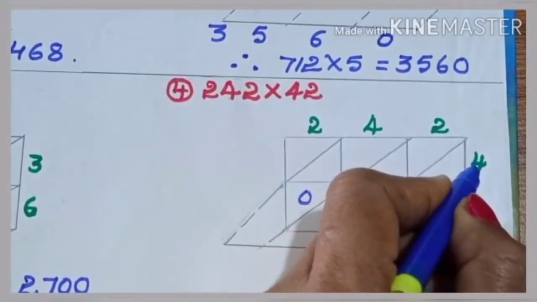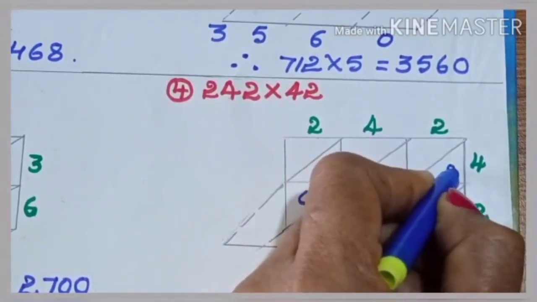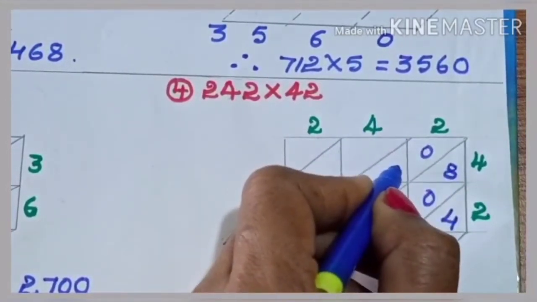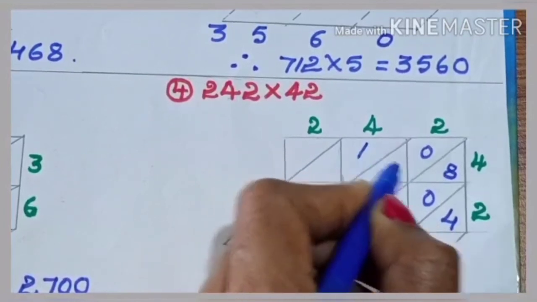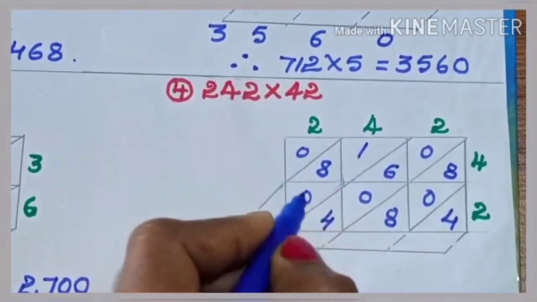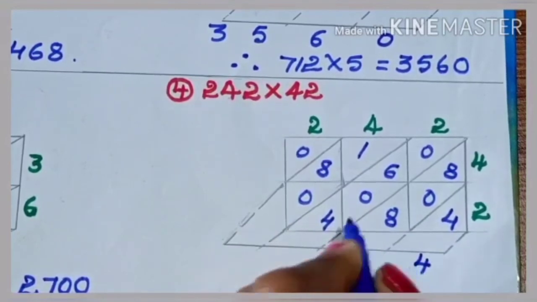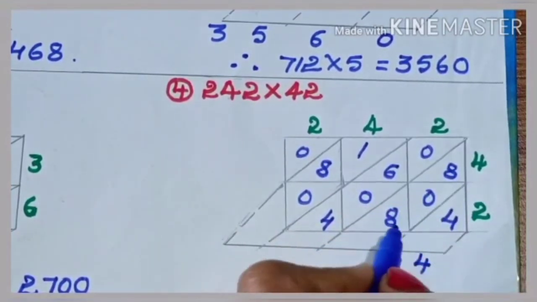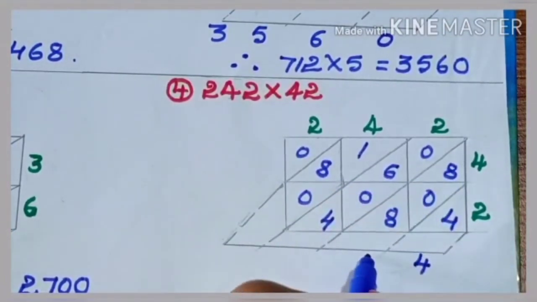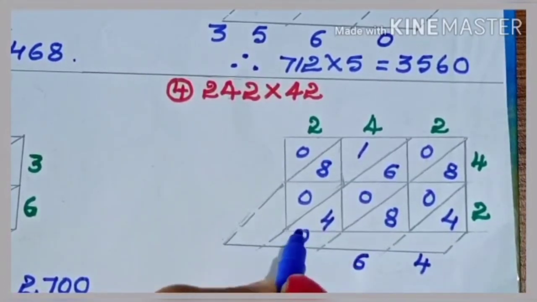Now multiply the tens. 4 2s are 8. 4 4s are 16. 4 2s are 8. Now add. 4 write as it is. 8 plus 0 plus 8 is 16. So write 6 here and 1 carry to the hundreds place.